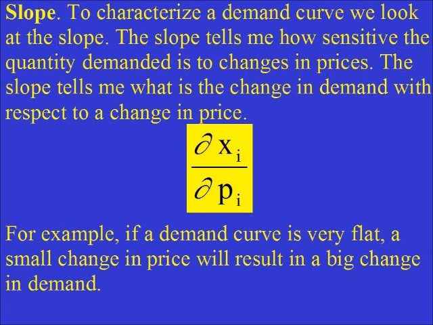In this case, it's the partial of xi with respect to its own price. For example, if a demand curve is very flat, a small change in price is going to result in a big change in demand, and vice versa. If it's very steep, then a large change in price will only result in a small change in demand.